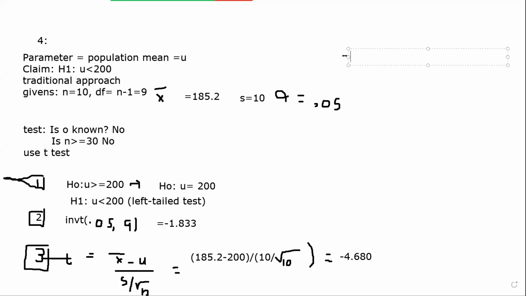traditional approach. So we do draw in this case. So we have number 4. We're going to reject or not reject based on how my test statistic compares to my critical value. Okay? So what's happening here is I'm going to say reject H0 or do not reject H0.